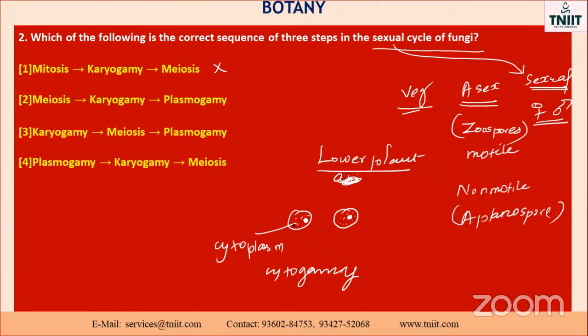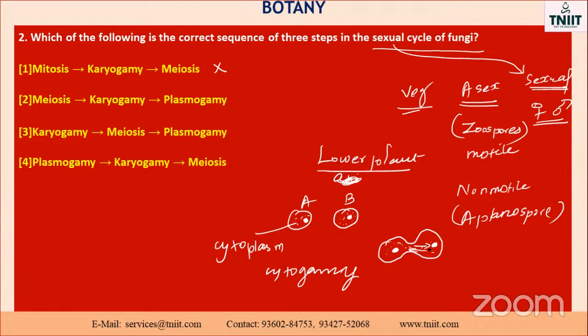The cytoplasm of A cell and B cell, imagine these 2 are united. How will it be? The structure will be like this. Here the nucleus is there as it is. The molecules can move from any place, in this direction or in this direction.